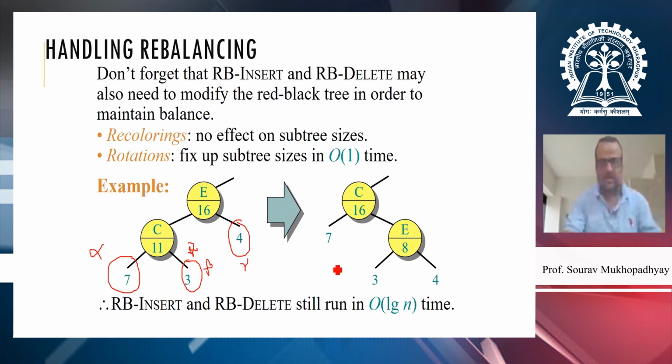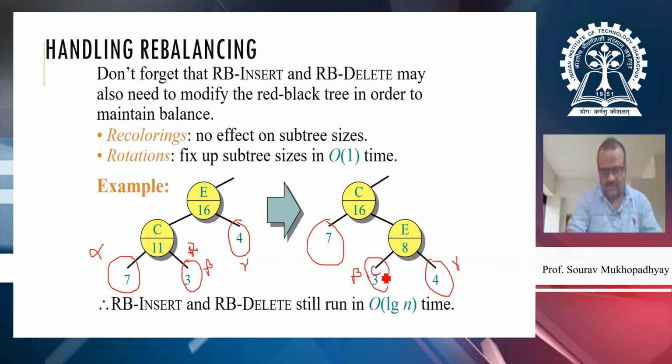So for our rotation, we know this alpha will be hanging over here, and this is beta, and this is gamma. So how many elements? 3 elements over here, this is beta and this is gamma. So 3 elements in this subtree, 4 elements in the other.